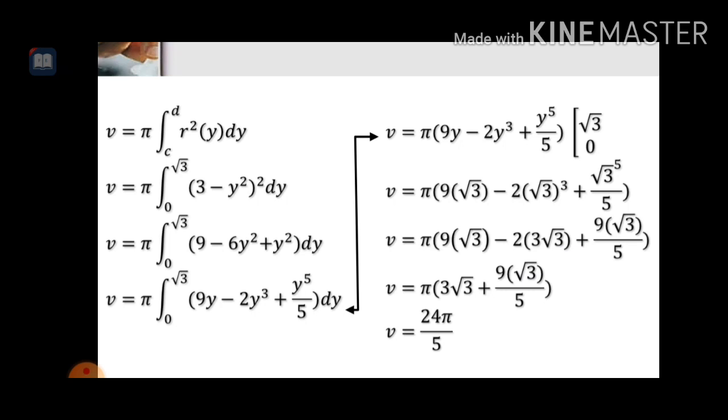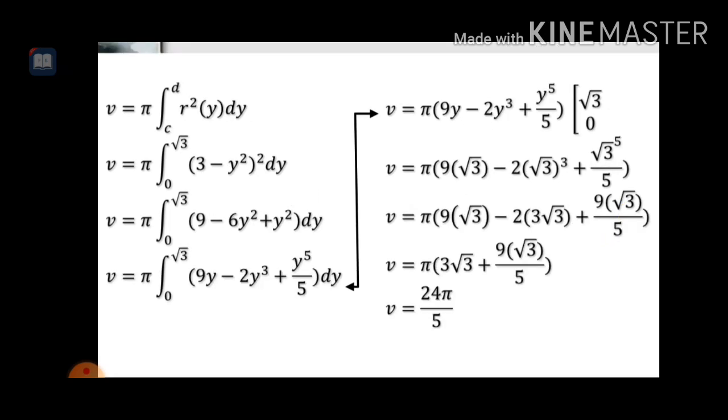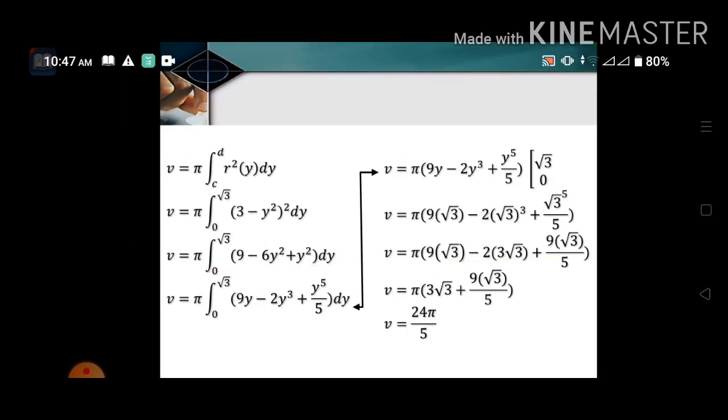V is equal to pi times 9 times square root of 3 minus 2 times 3 square root of 3 plus 9 times square root of 3 over 5. So V is equal to pi times 3 square root of 3 plus 9 times square root of 3 divided by 5. So the answer is V is equal to 24 pi divided by 5.